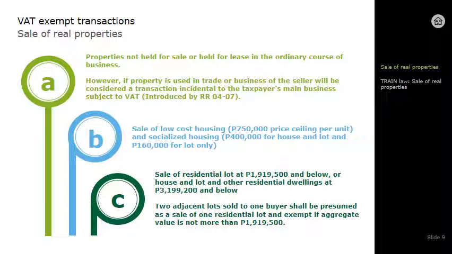The reason why we need to distinguish, magkano ba yan? Hindi bababa ng million yan. So, generally, it's fair to assume that if you are a real estate developer, you are engaged in the ordinary course of trade or business of selling real property, malamang, lampas ng 3 million ang benta mo sa isang taon. Otherwise, it's not a sustainable business, di ba?